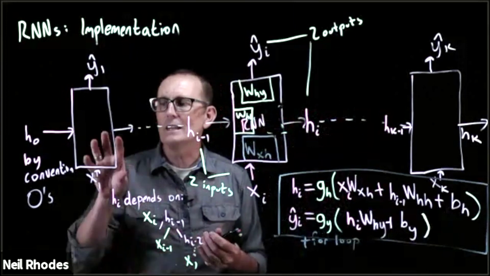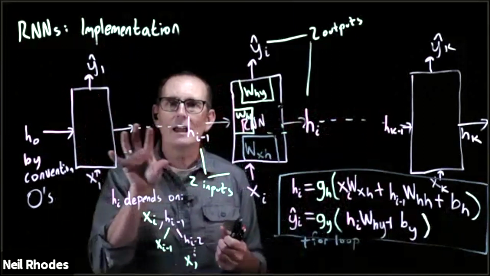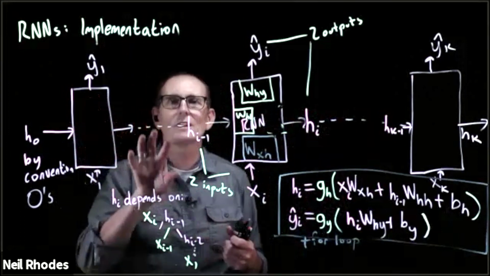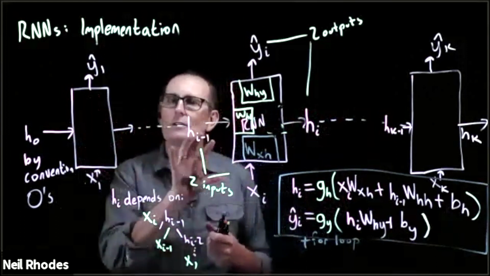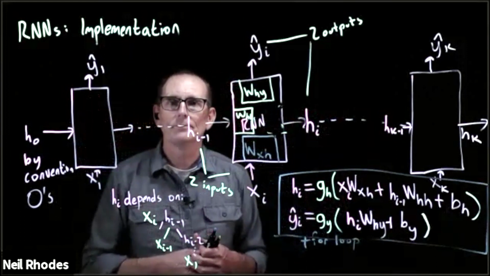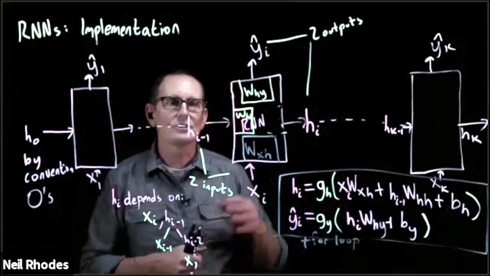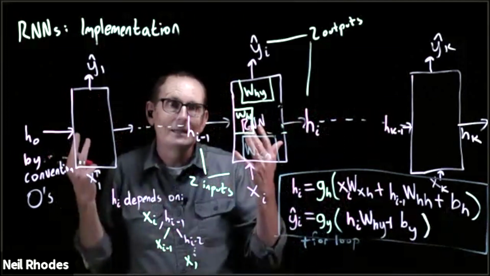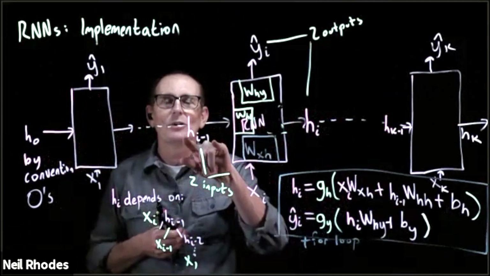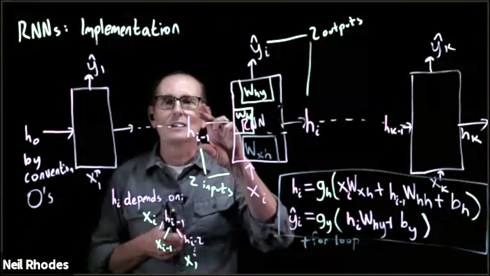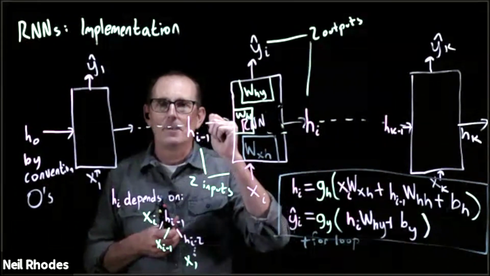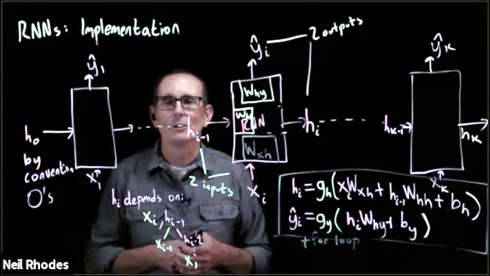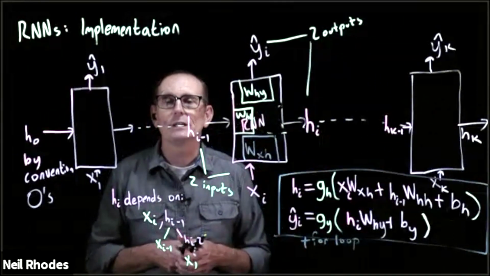If we had different matrices for each one, it'd have to learn independently: what if it gets sucks as the first word? What if it gets sucks as the second word, and so on? Here it doesn't matter where it gets it. As always, what it's learning is up to the neural network. We don't choose it. It depends on the data, how we're training it, and what is actually being stored in here. For example, whether there is a flag in here that says, oh yes, they got the word sucks, or they got a negative word.